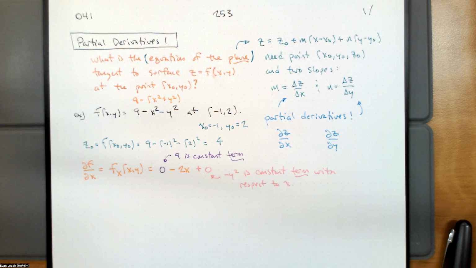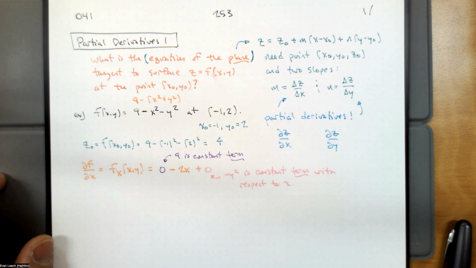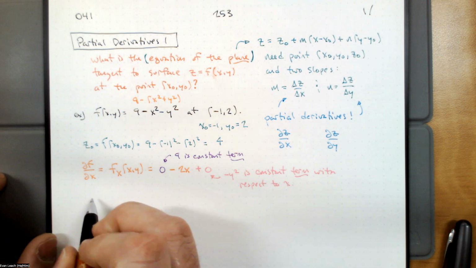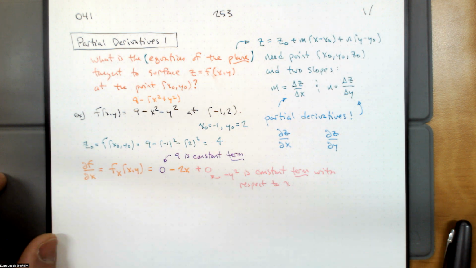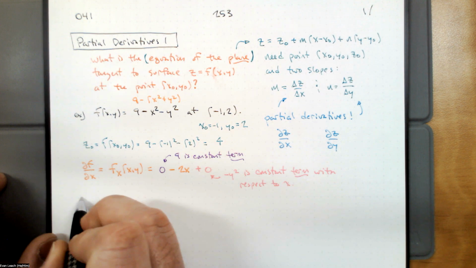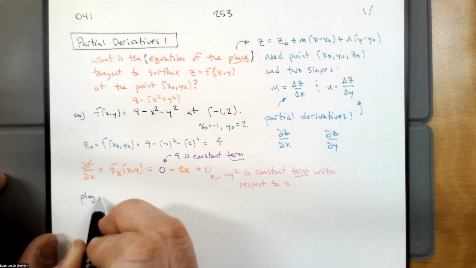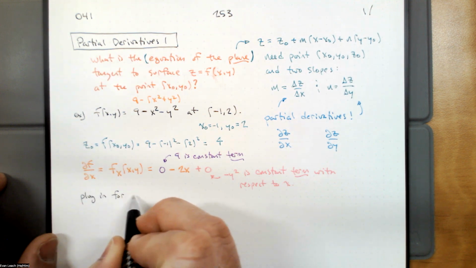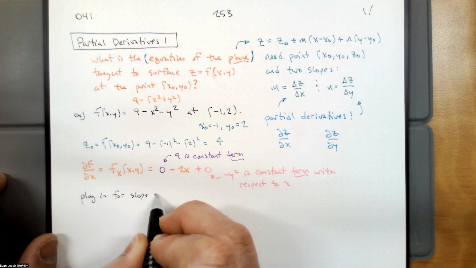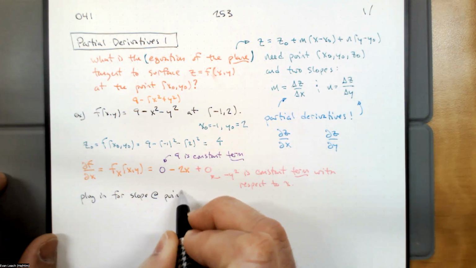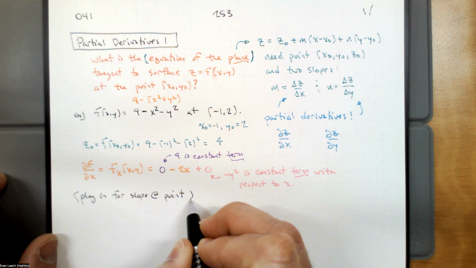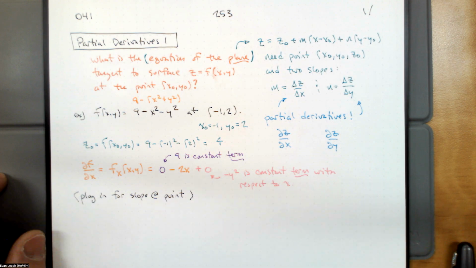We do need to know what the slope is at the point negative 1, 2. So we plug in the point negative 1, 2. So we're going to plug in for the point at the slope.